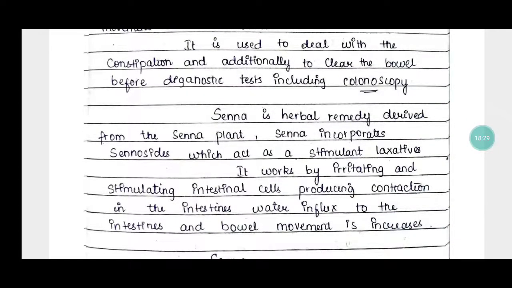And senna is a herbal remedy which is derived from the senna plant. Senna contains sennosides, which act as stimulant laxatives. It works by irritating and stimulating intestinal cells, producing contraction in the intestine, water influx to the intestine, and increased bowel movement.